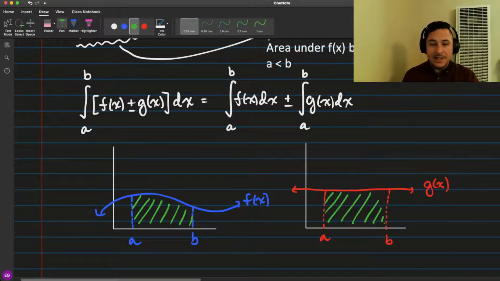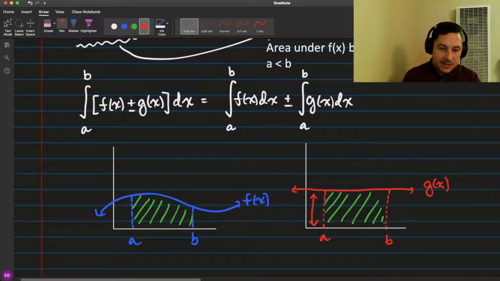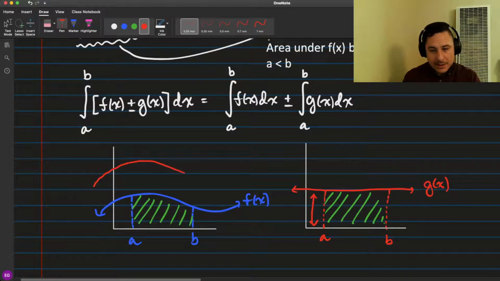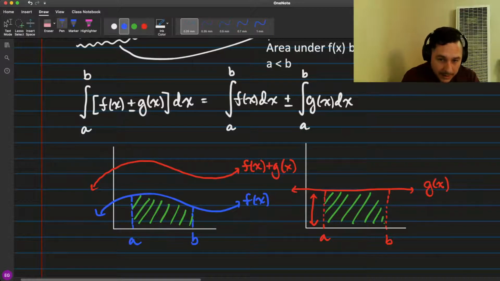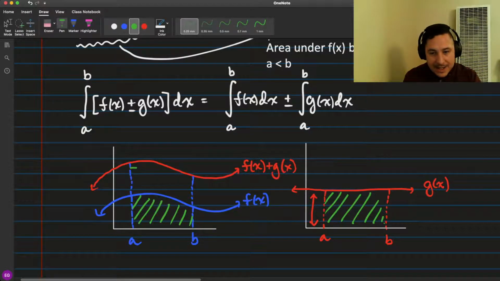So because g of x is constant, I'm just going to raise up f of x by this height. Right? G of x is always this tall, so f of x plus g of x looks like this. You just take f of x and shift it up. So this is f of x plus g of x. And what we want is the area under this. So we also need to add in this area.